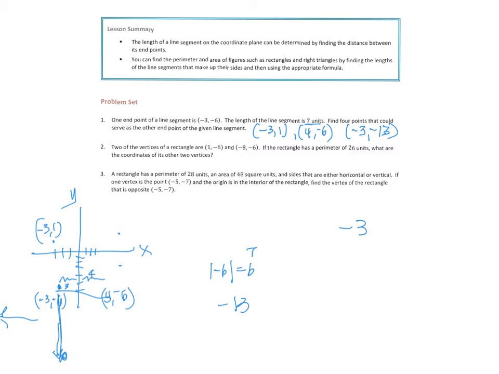I think I would still have the -6, but I think I have to add, I think it's a -10, and a -3 is going to give me absolute value of -10. Absolute value of -3 is 10 minus the 3 gives me 7. So that would work too. So let me write that one in. -10 and -6.